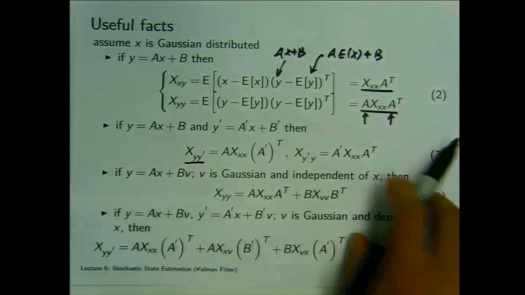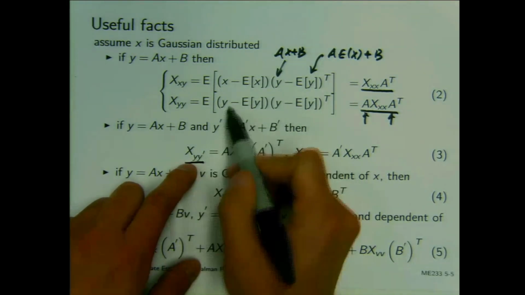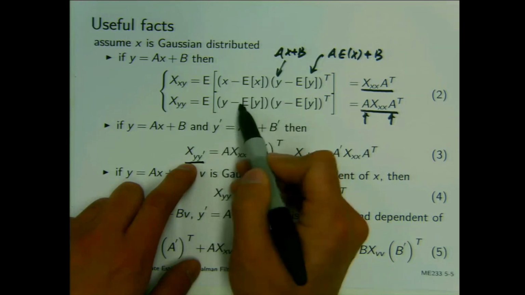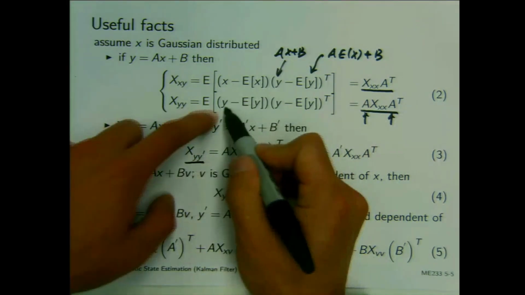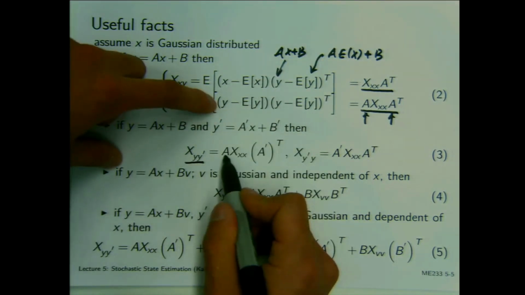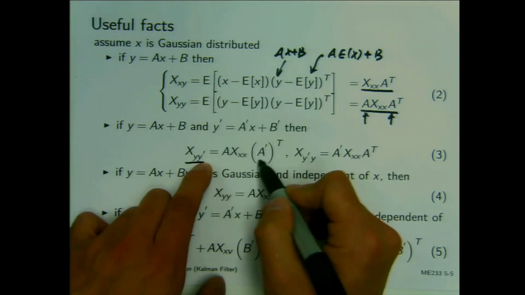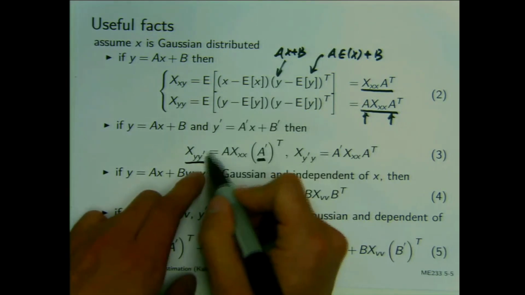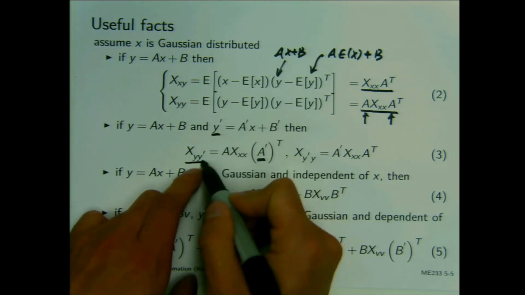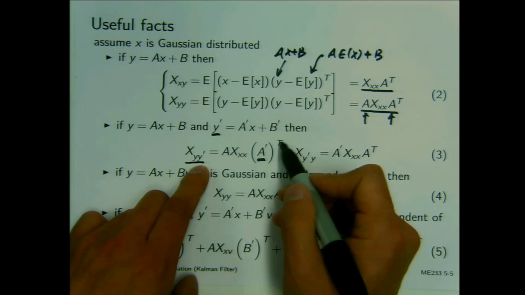The reason is that if you think about the definition, y has a structure like this: Ax is going to appear here because y equals Ax. That's why A is on the left-hand side instead of A prime. On the right-hand side, it's going to be the properties in the measurement y prime, because y prime is on the right-hand side. So A prime transpose is going to appear here.